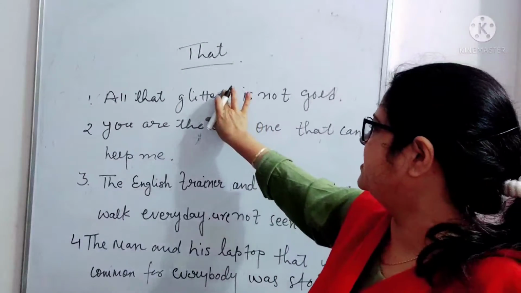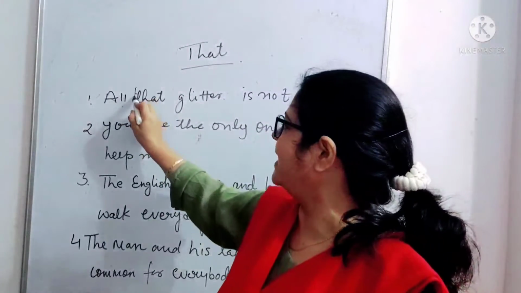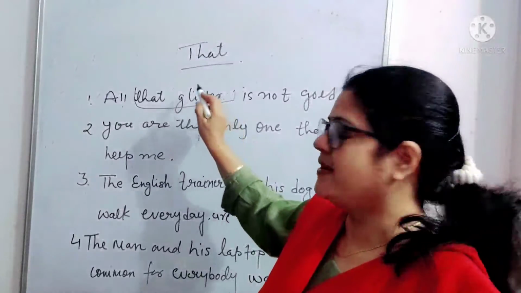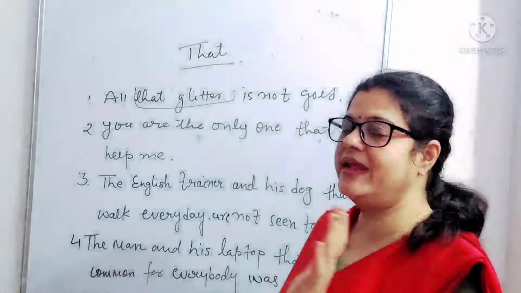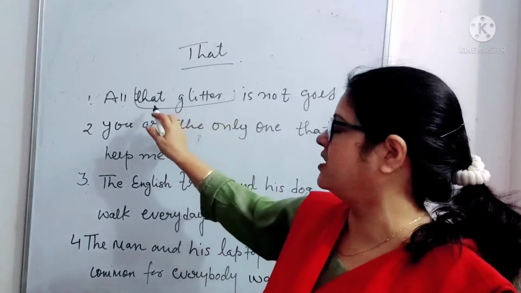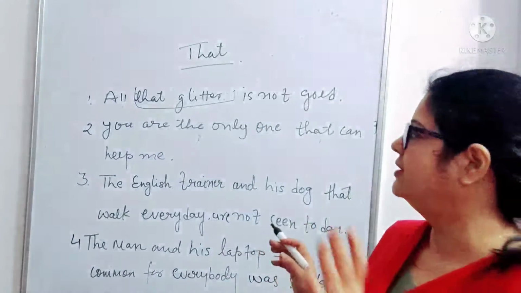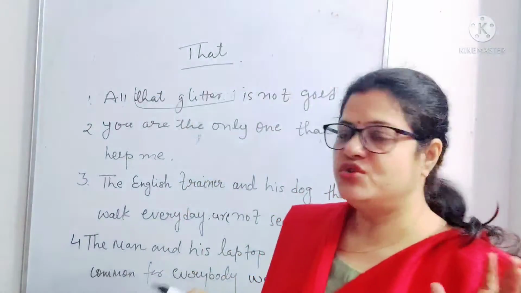Here we see one thing: "all" is a pronoun, and "that glitters" till here is called a subordinating clause, which is starting with this pronoun "that." So all is not gold, that glitters.